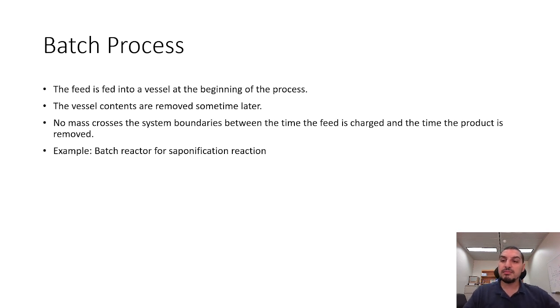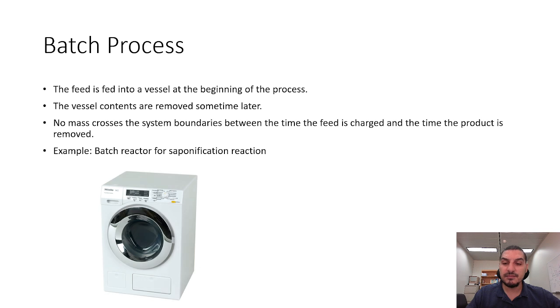So an example of this batch process is the washing machine. In the washing machine, you put your laundry inside. Once you open the door, put all what you want inside the washing machine once, and then the process takes place, the washing, the drying, and all these things. And finally, after the process is done, you open the door, take the clean clothes out of the washing machine.